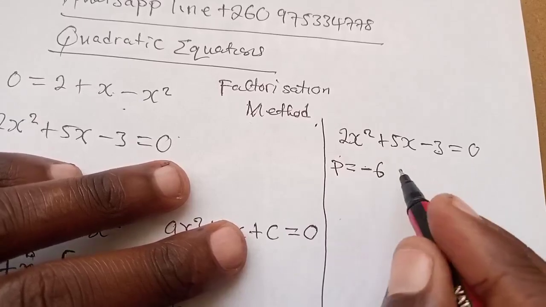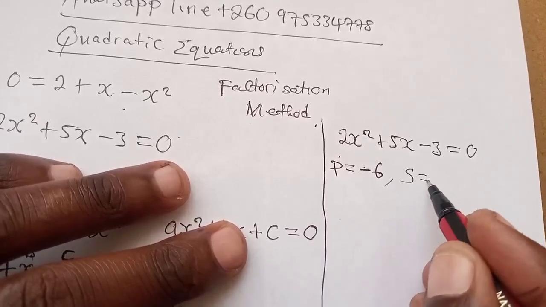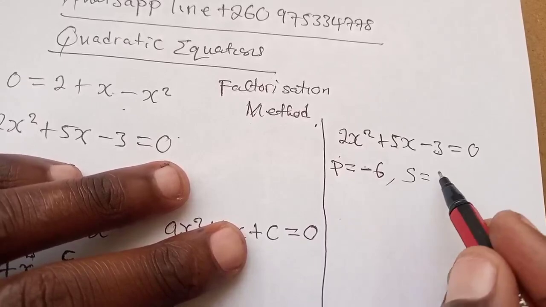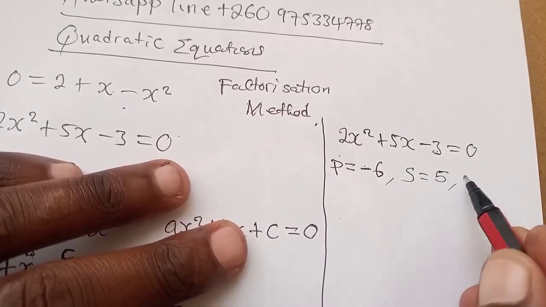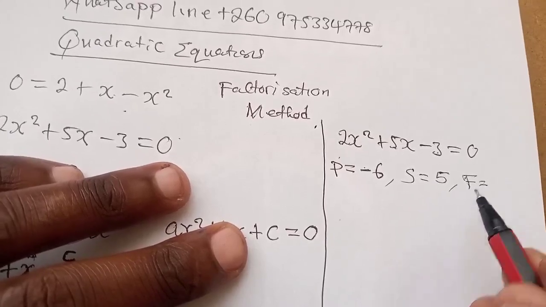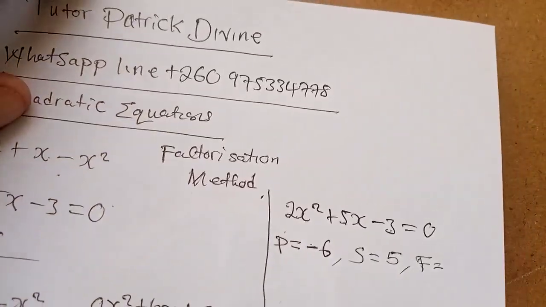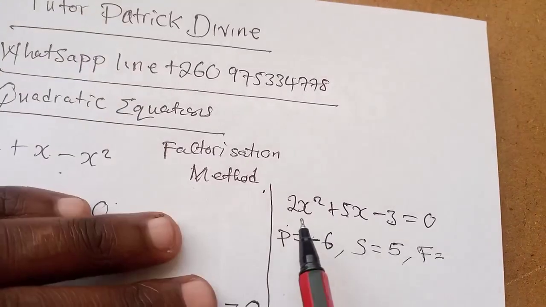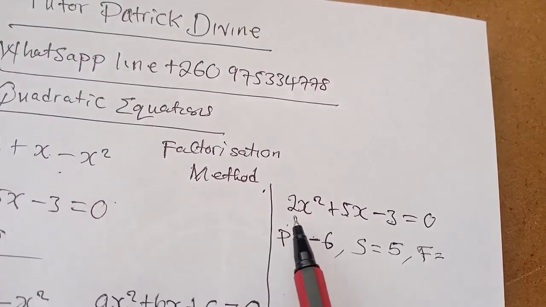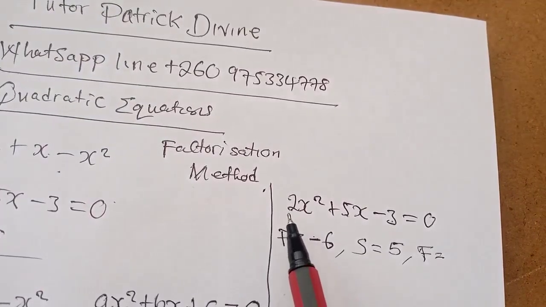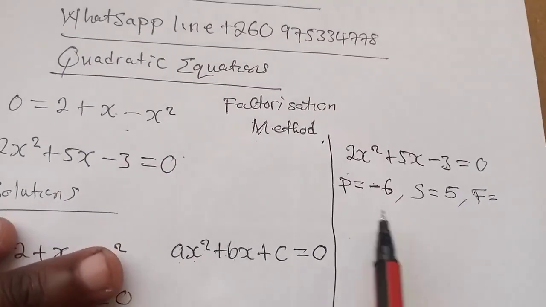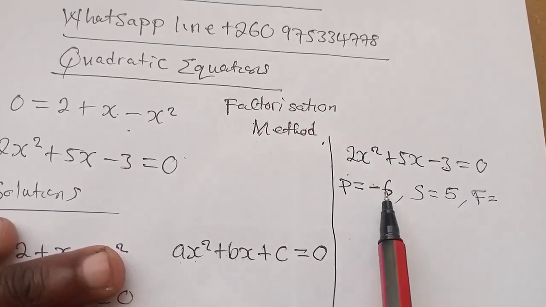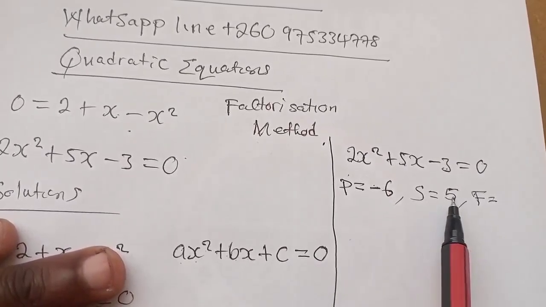Then the sum is b, so it is 5. Then the factors: we find the numbers that when you multiply the two, they give you the product, and when you add them, they give you the sum.